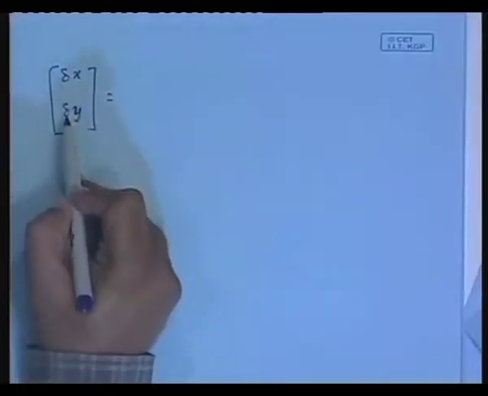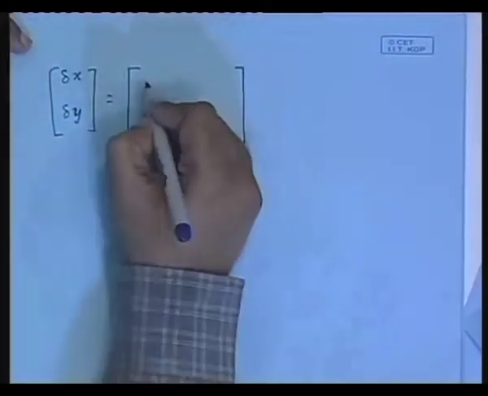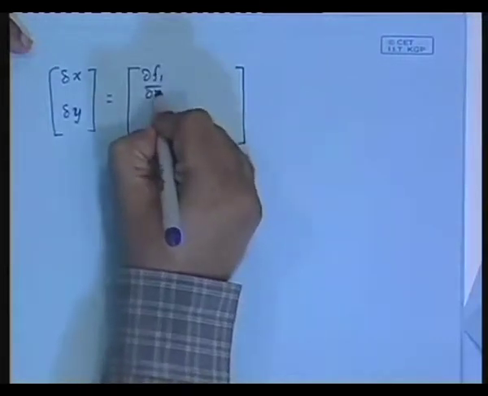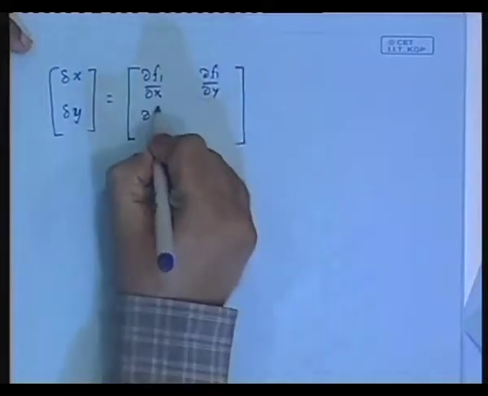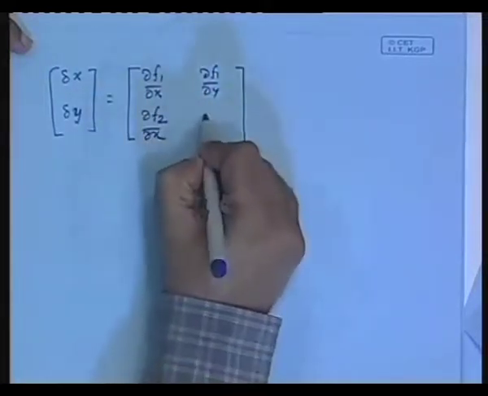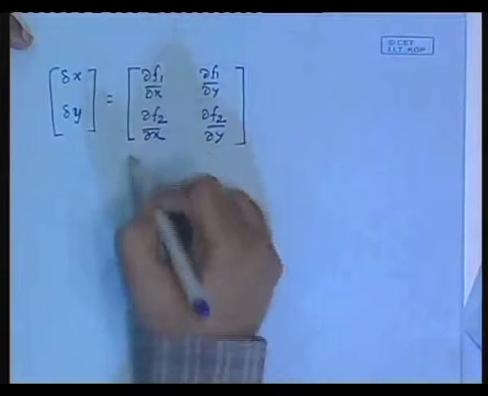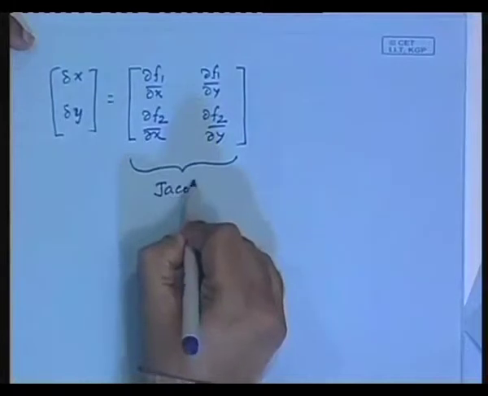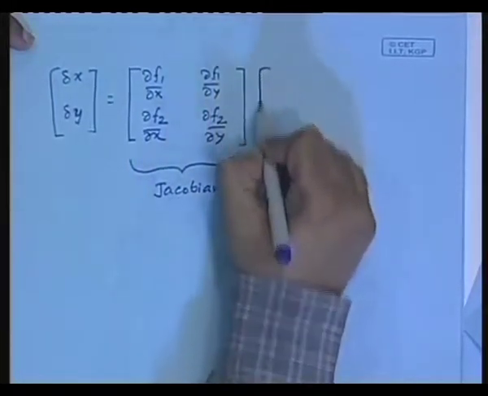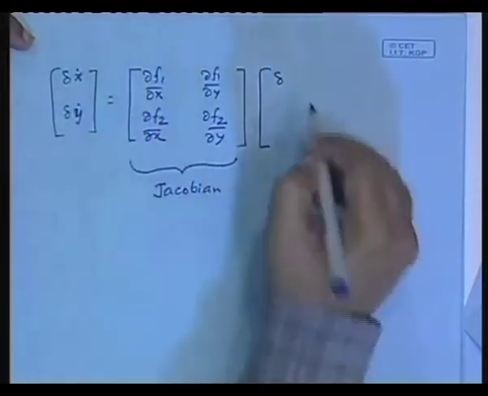So, in general we will write the deviation from the equilibrium point as delta x, delta y, and then this will be given as the Jacobian matrix times delta x dot, delta y dot.